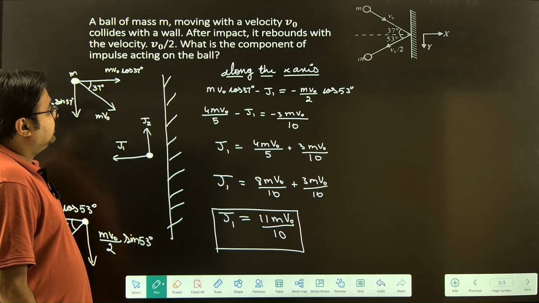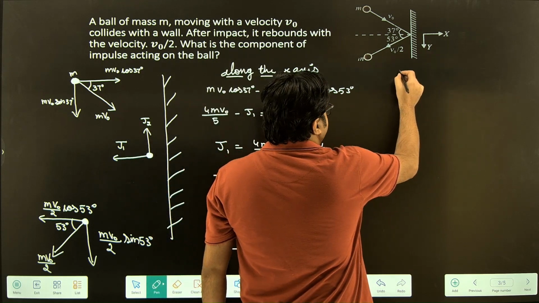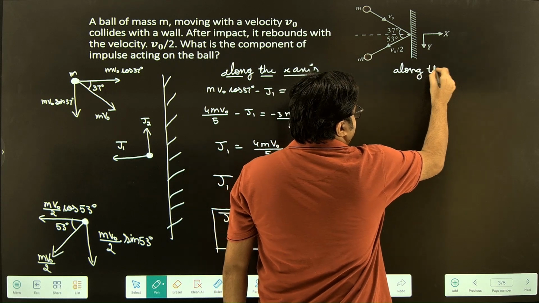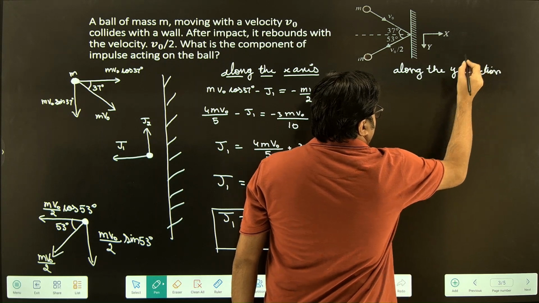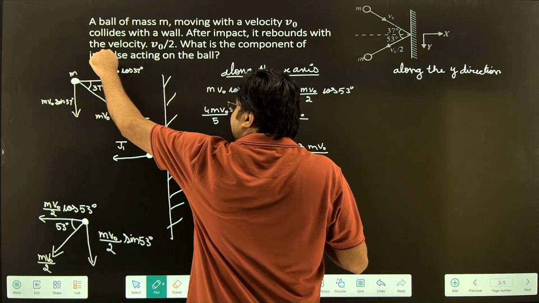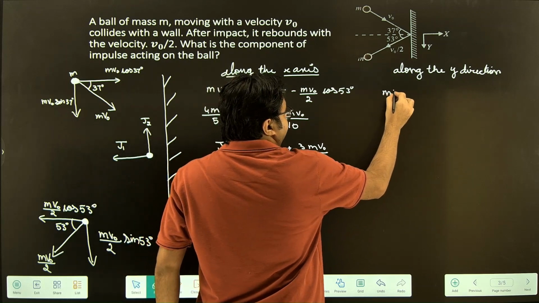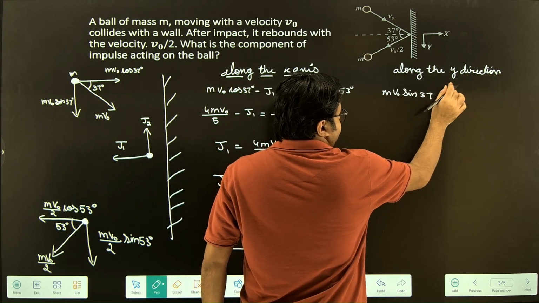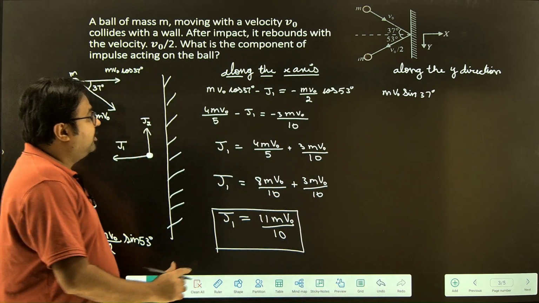Having said this, we can similarly write it along the y direction. Along the y direction, we have the ball moving in the positive y direction initially. So you can write that as mv naught sine 37 degree, and then it receives an impulse in the upward direction.